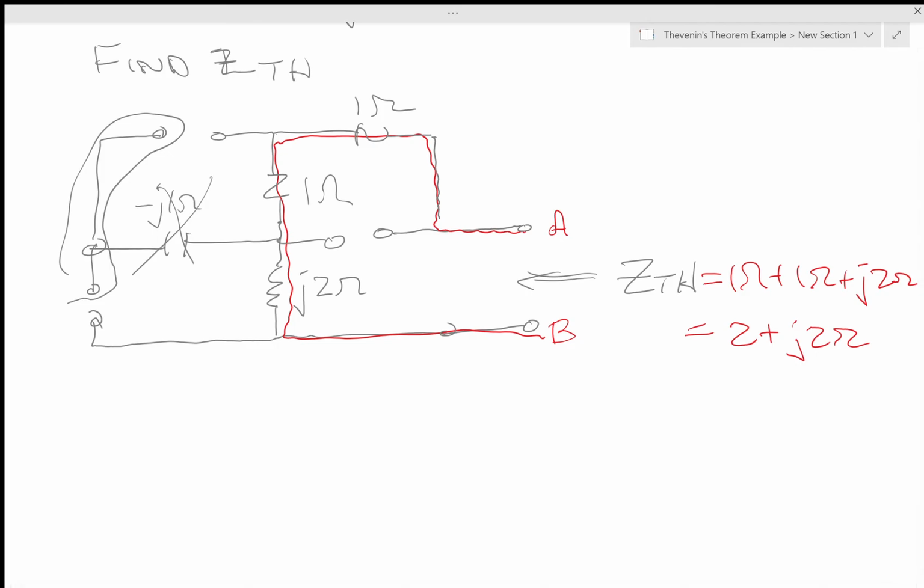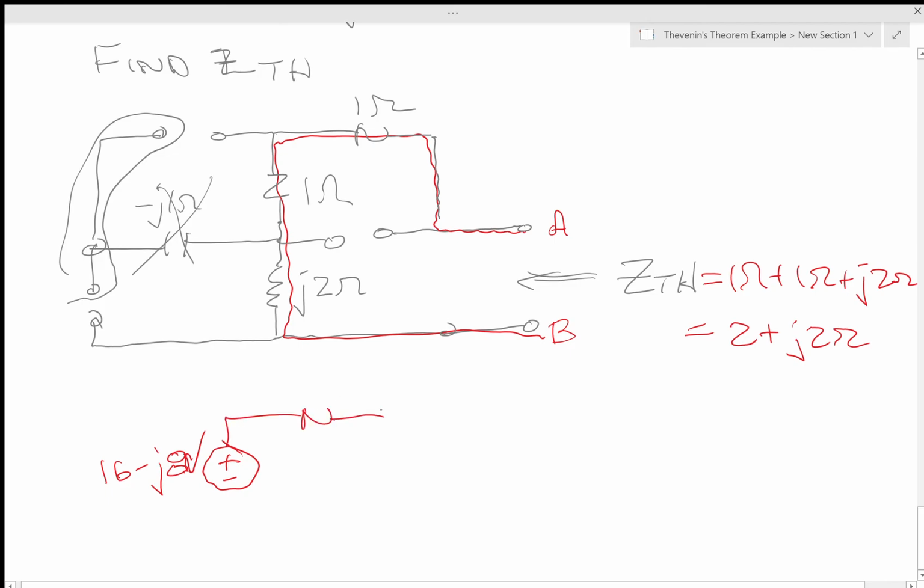So now all I got to do is find VO. And I go back to my Thevenin to find VO. And should be pretty straightforward. I have VOC, which was 16 minus J8 volts. I had the RTH, or ZTH, which is 2 plus J2 ohms.